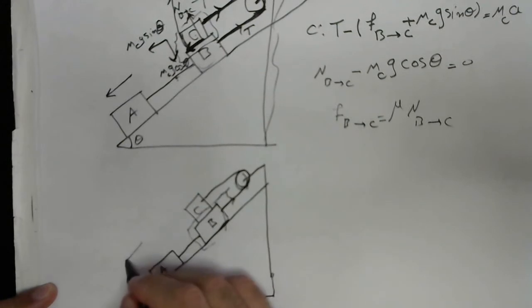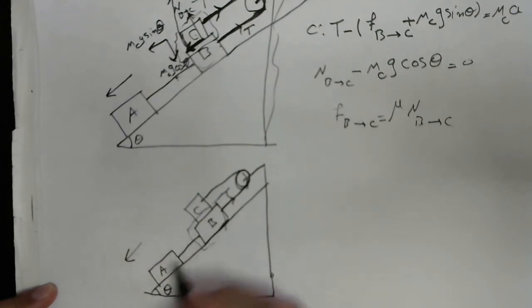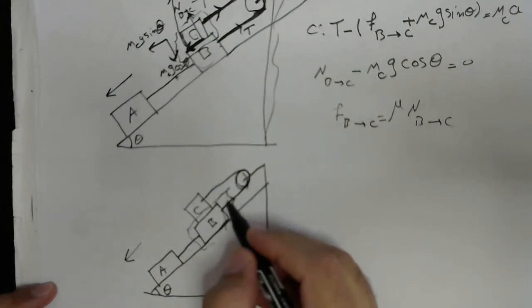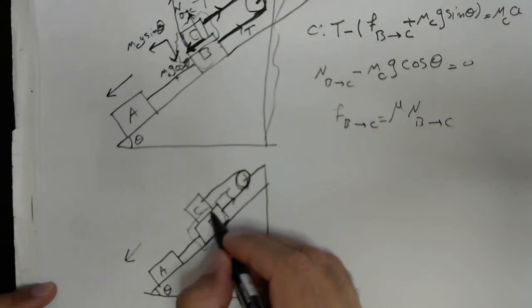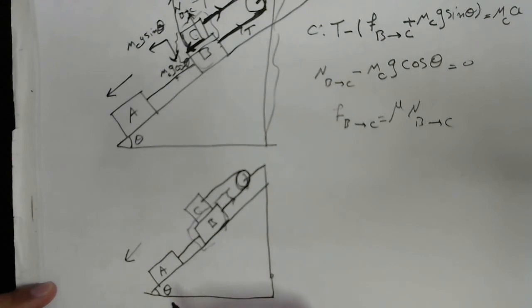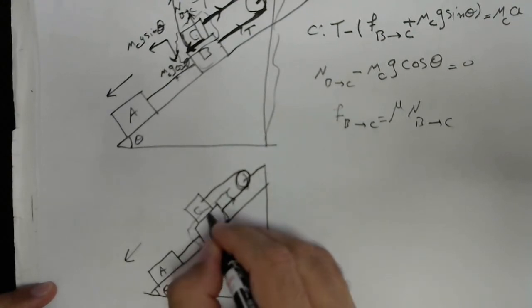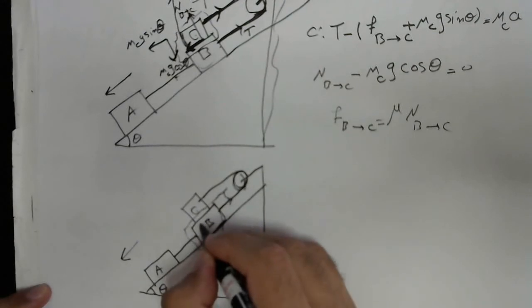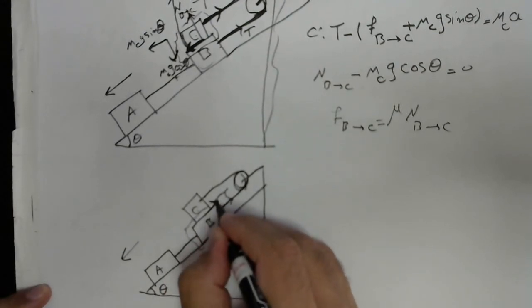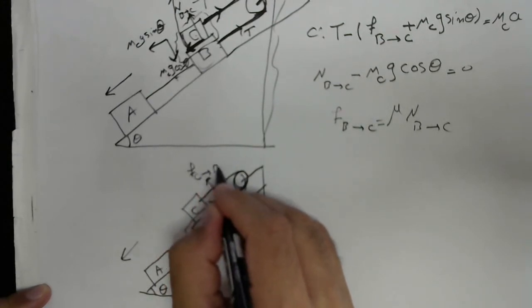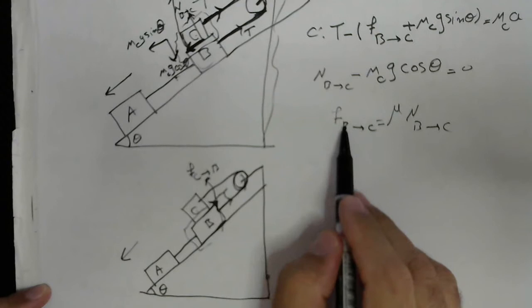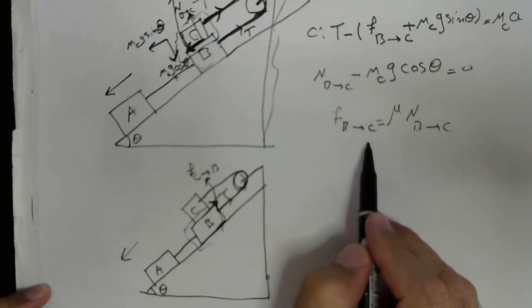And then this is the direction of motion, so the direction of motion for B is down, so C wants to stop it. Therefore, the frictional force between B and C this time is in this direction. So this one is F C to B, which is the same as F B to C, but in the opposite direction.